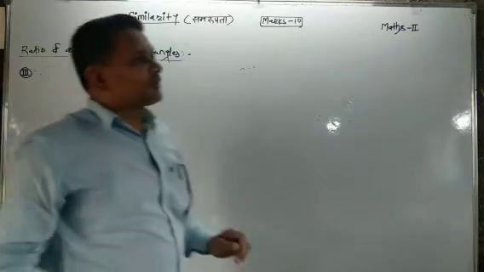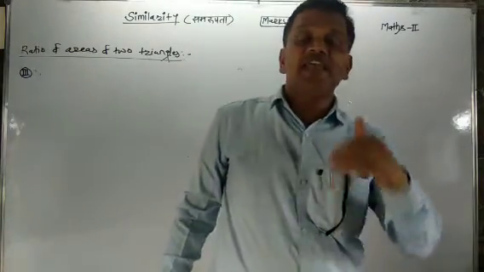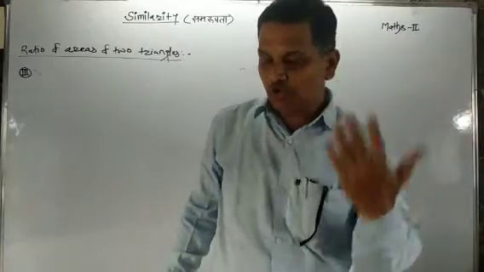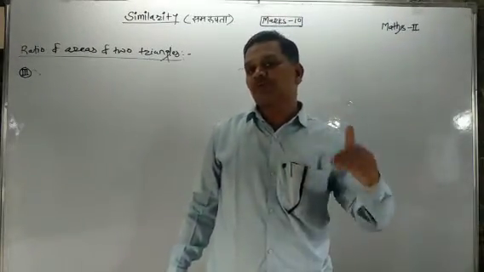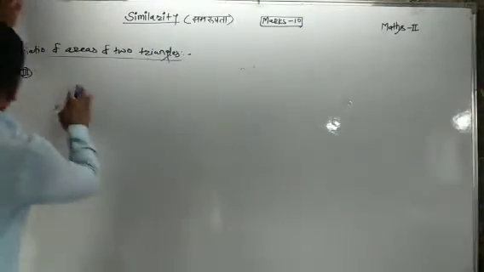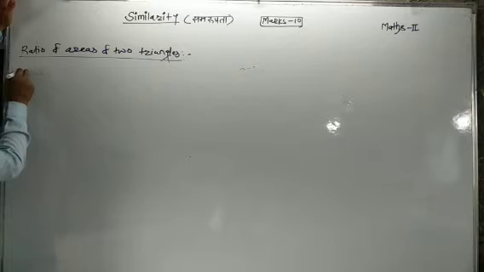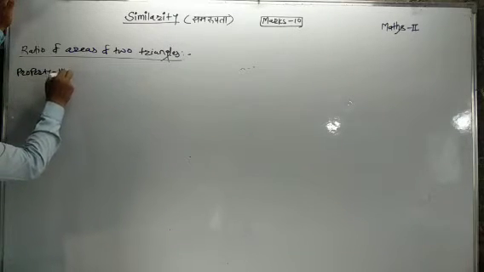Which is the third property? The ratio of areas of two triangles having equal heights is equal to the ratio of their corresponding bases is the third property. Now I am going to write here property 3.